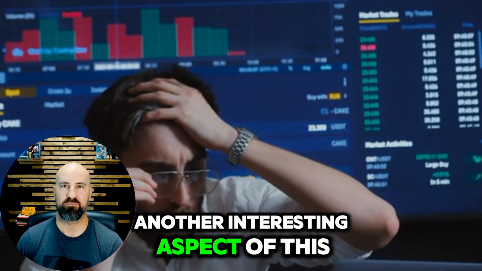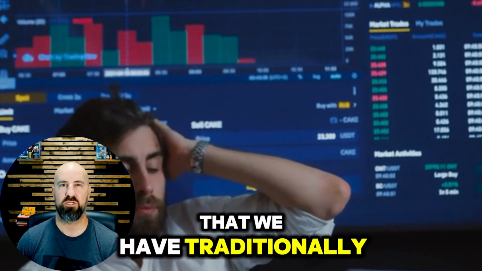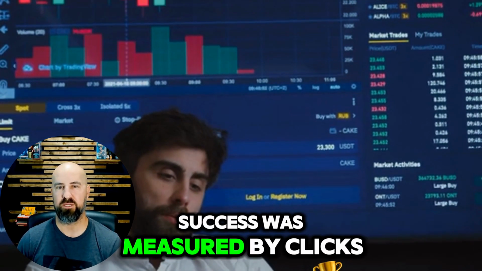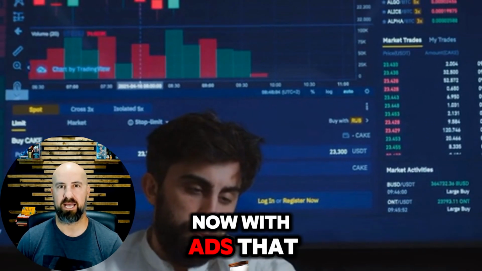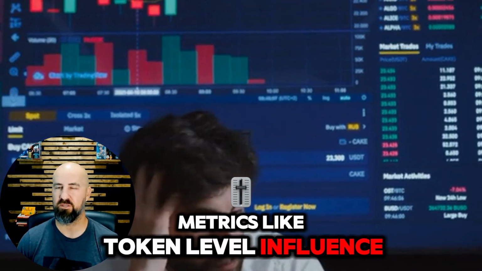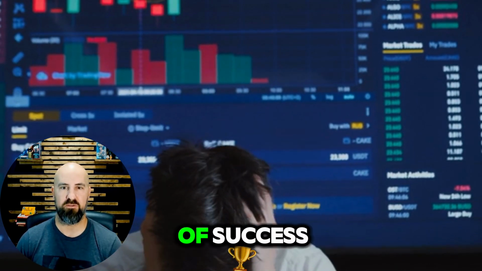Another interesting aspect of this new model is its potential impact on metrics that we have traditionally relied on. In old ad systems, success was measured by clicks, impressions, and conversion rates. Now, with ads that are generated token by token, metrics like token level influence and real-time sentiment might become important indicators of success.